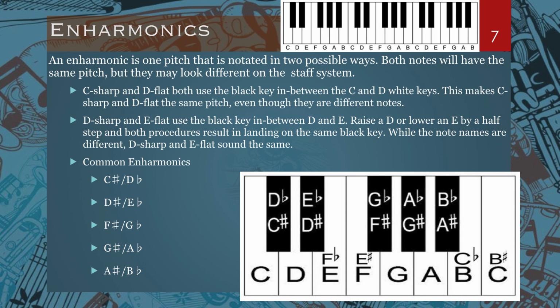But really, enharmonics are important because we have a thing known as key signatures, and there's 15 of them. And depending on whether you're using a flat key signature or a sharp key signature, you'll want to use one enharmonic over the other.